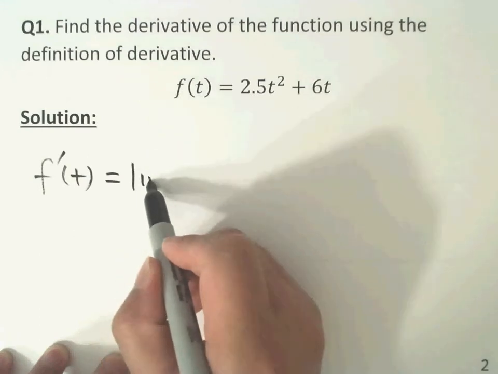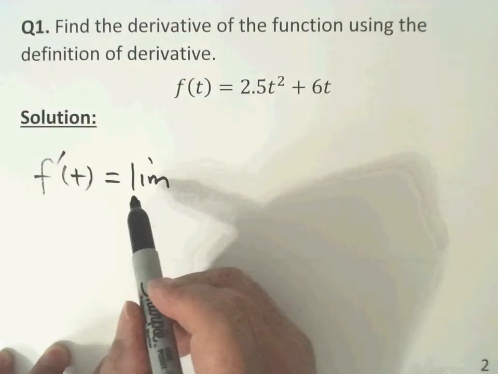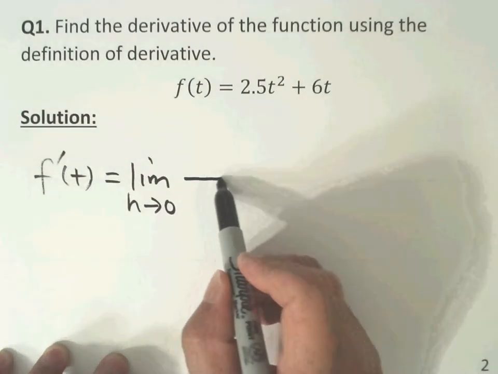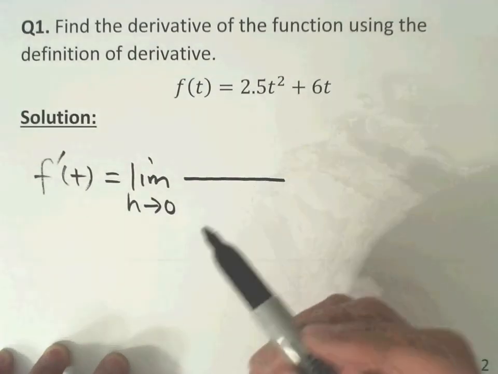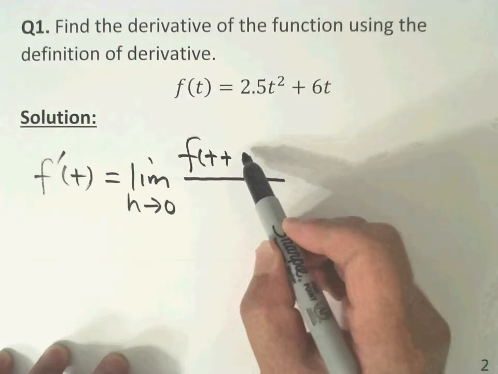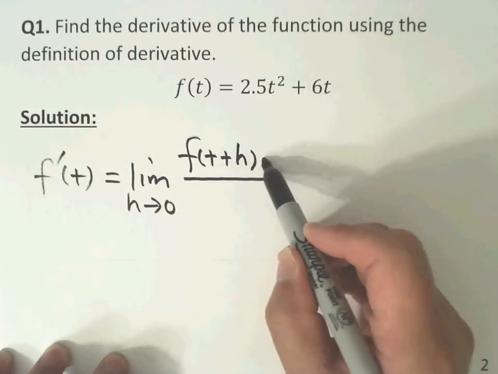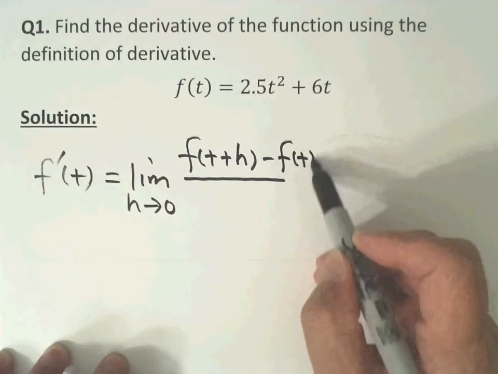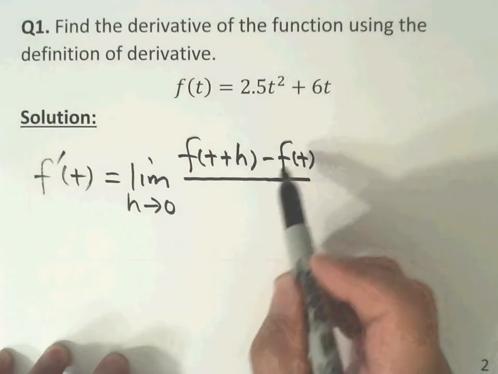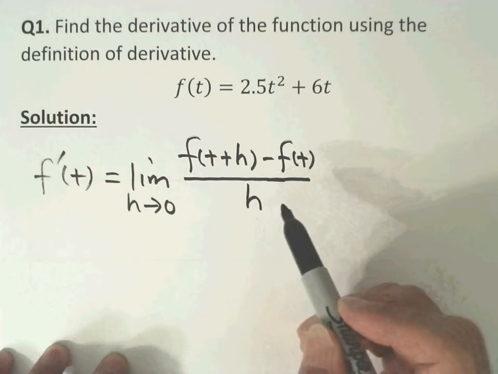The definition is the limit as h approaches 0 of the average rate of change. Delta y is f of t plus h minus f of t, and delta x, the difference between the x values, is h.